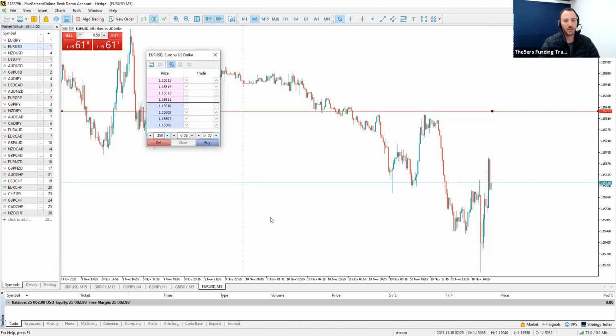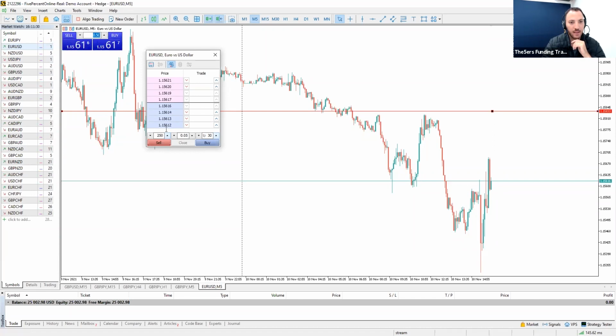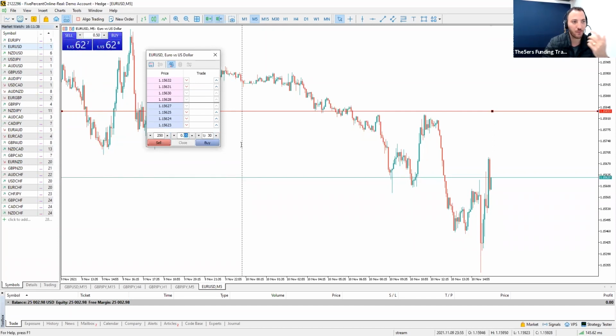Yeah, okay. So instead of taking a half lot trade, I can take 5 one mini lot trades, or I can take 10 five micro lot trades. So that's what I'm going to do.